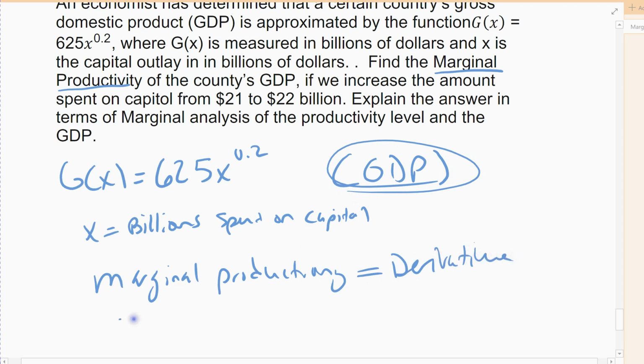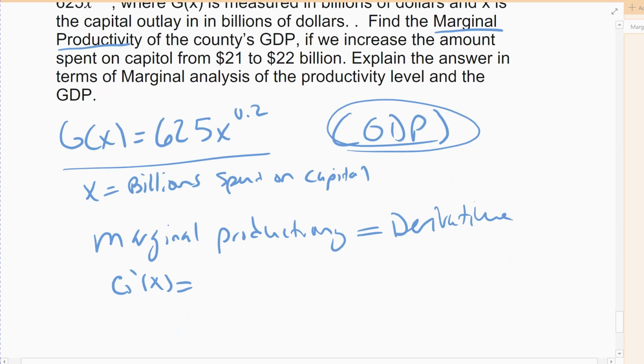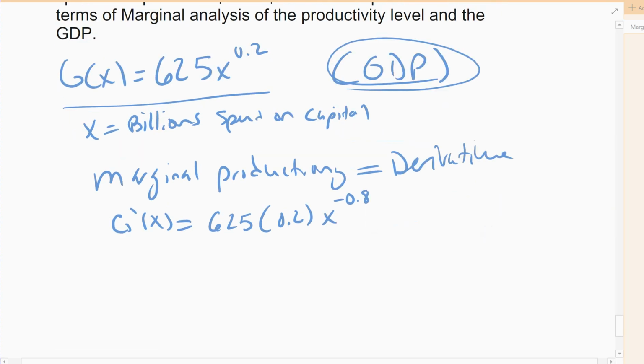So I find the derivative of my productivity function, which in this case would be my 625 times my 0.2, x raised to the negative 0.8, since 1 minus 0.2 is negative 0.8. I'll simplify that. My marginal productivity, which is my derivative, comes out to 125 x raised to the negative 0.8.